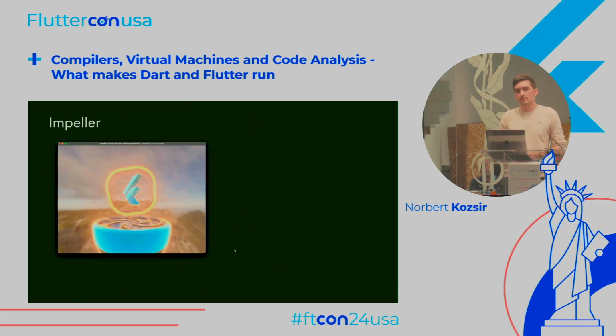More recently, Impeller started getting more traction and is mostly ready, or I think is fully ready on iOS and is slowly being supported by more and more platforms. It is a new kind of rendering layer that, in a nutshell, allows the Flutter team to do more things.